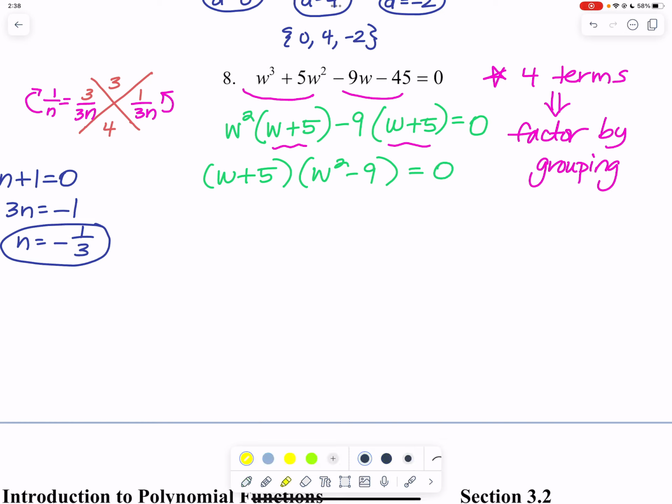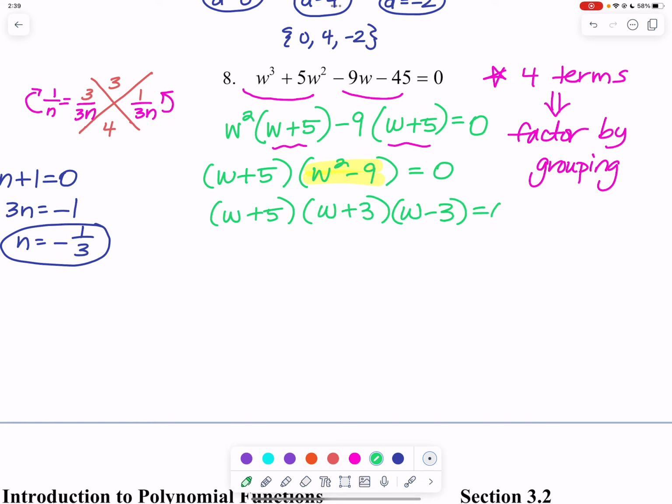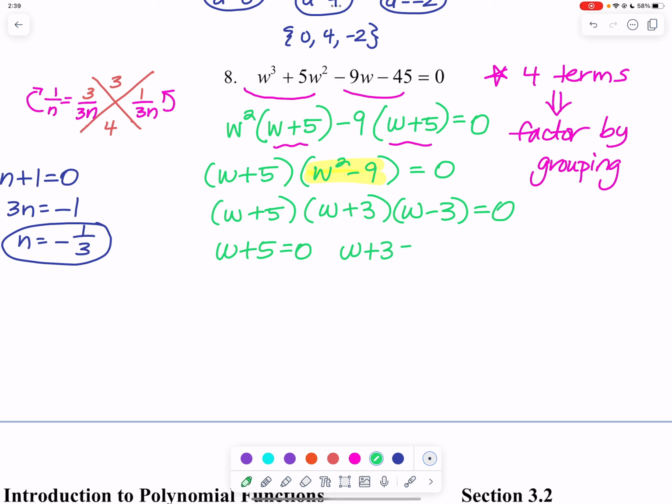What do you notice here? We have to keep factoring. That is a difference of squares. So we have (w plus 5)(w plus 3)(w minus 3). So make sure you recognize those differences of squares. So either w plus 5 equals 0, w plus 3 equals 0, or w minus 3 equals 0.